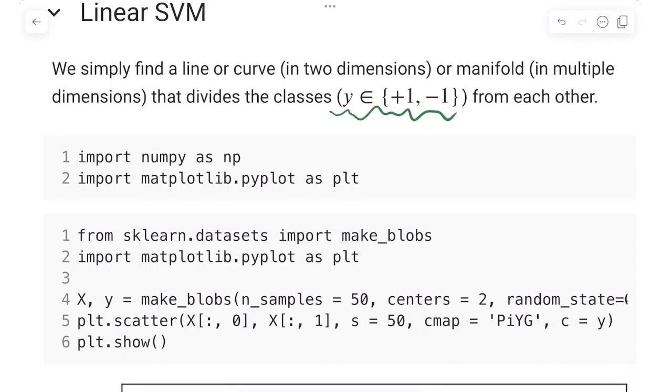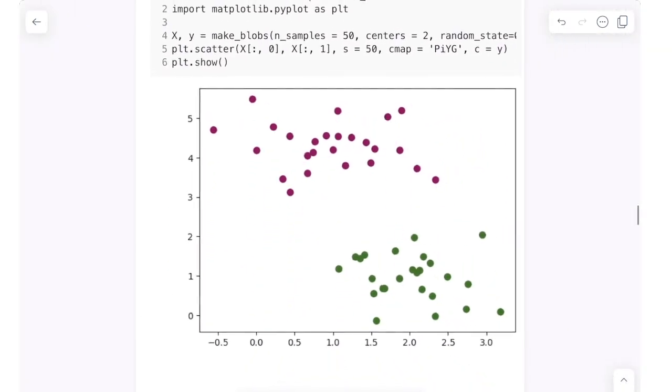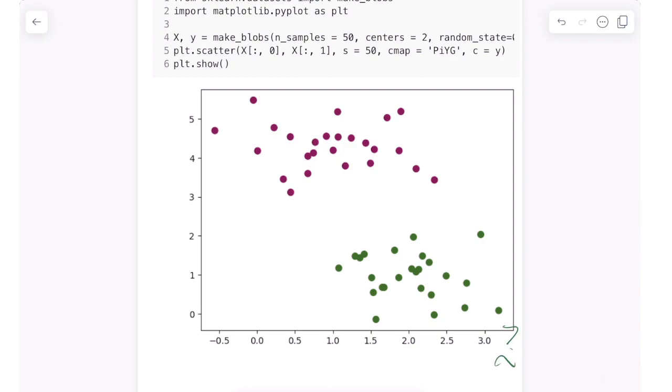Currently we have two sets of data points, +1 and -1, and here's an example. We have two features, and for example two different colors of data points. One is +1, and the other is -1.